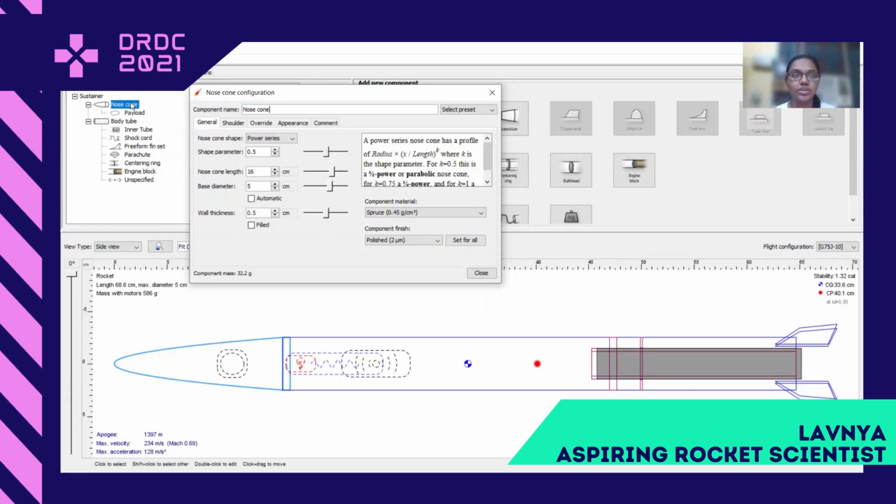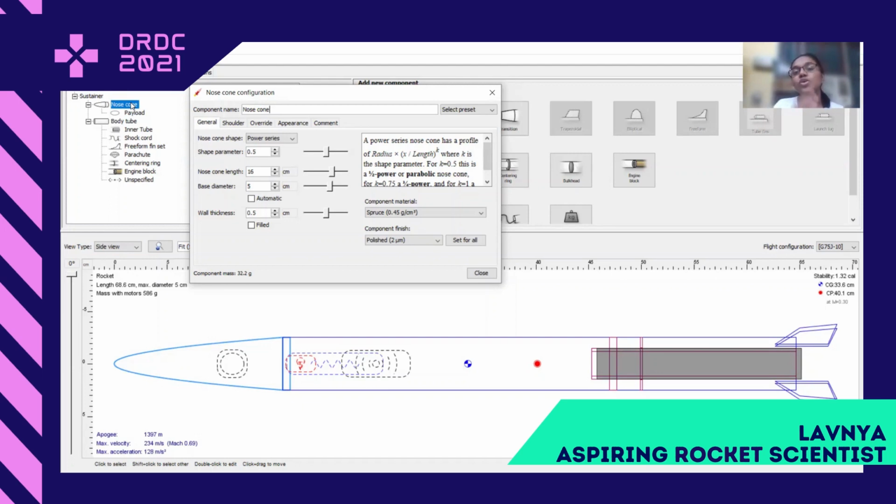So now let's continue with the nose cone configuration. Most of the time, when we listen about rockets, the shape of the nose cone we imagine is an elliptical or parabolic shape. Even I wanted to try that kind of parabolic nose cone. But when I came across the power series, I thought this is something I'm coming across for the first time, so I have chosen the power series.